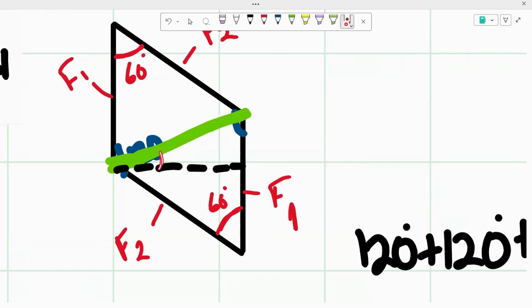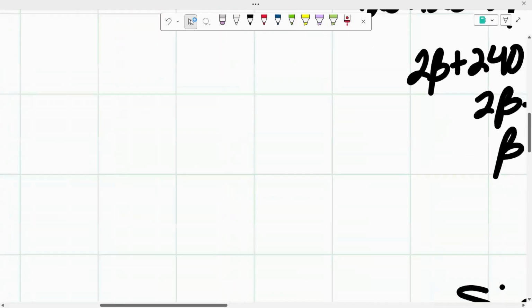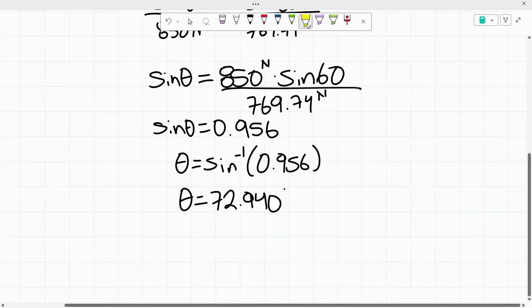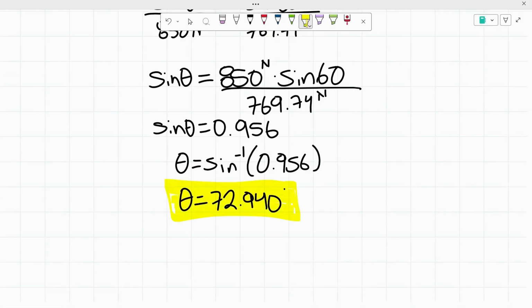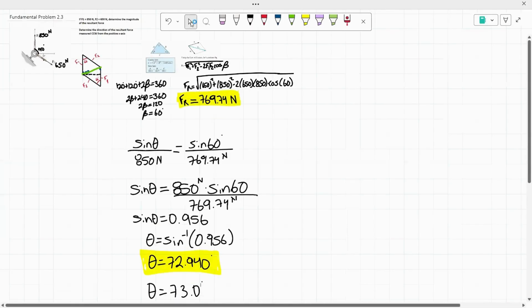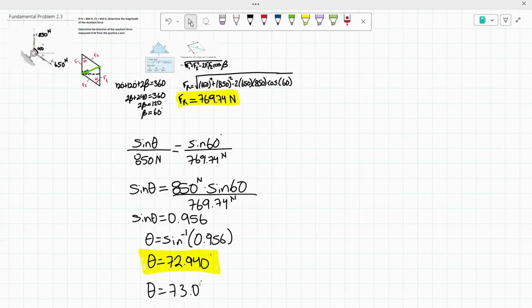That's the angle that we found earlier on, which is why this is our final answer: 72.940 degrees, or if we round to 3 significant figures, 73.0 degrees. And that's how we solve for the magnitude and direction of our resultant force from fundamental problem 2.3.